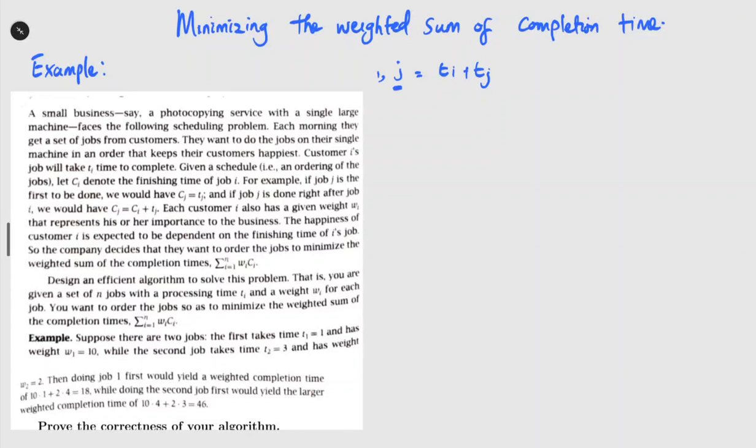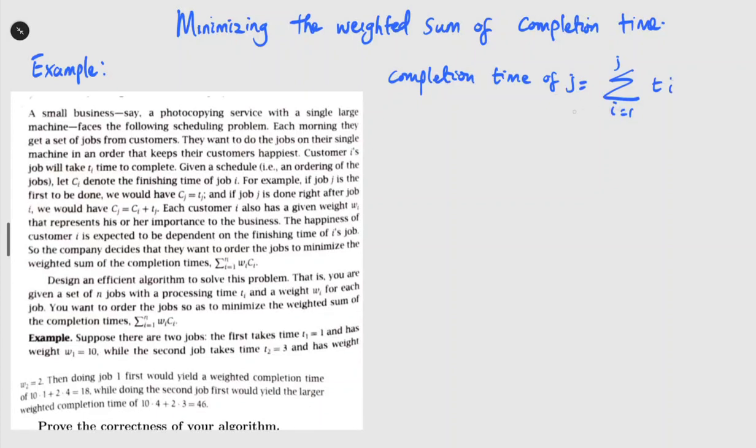So we can say that the completion time of job J would be the sum from I equals 1 to J of TI.